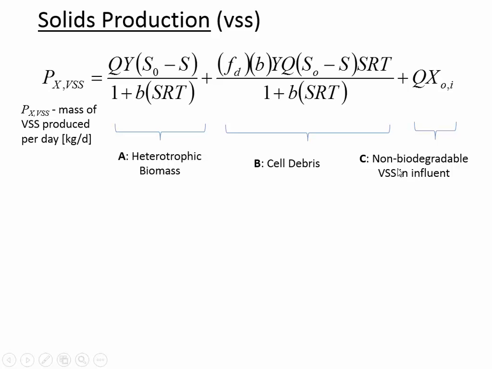The first way of calculating the solids production didn't really have the same level of detail as this does, because this is taking into account the rate that the cells are dying, the fraction of the cell debris relative to the active cells, and so you can get a little bit more accurate representation of how much mass is being generated when you use this approach.